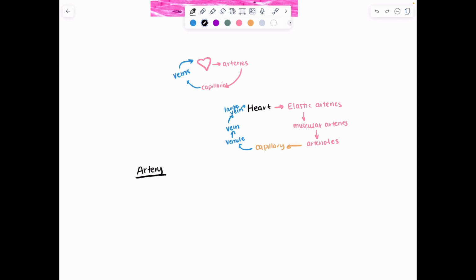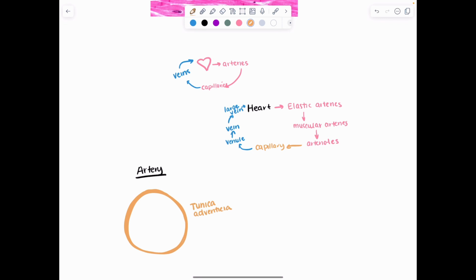But just in general, when we look at an artery, around the outside of the artery, I'll draw it in yellow here, we have our tunica adventitia. Our tunica adventitia contains fibroblasts and is kind of our protective layer.